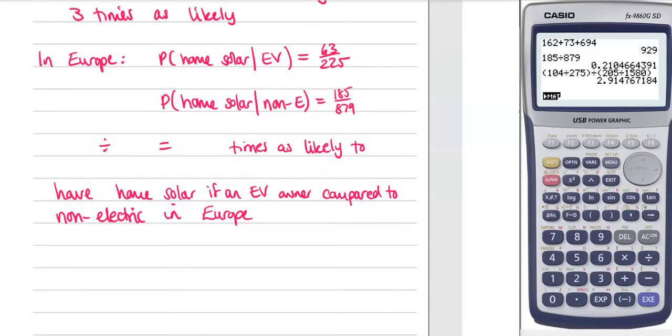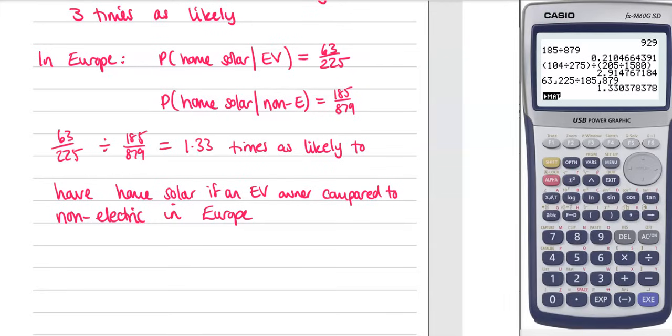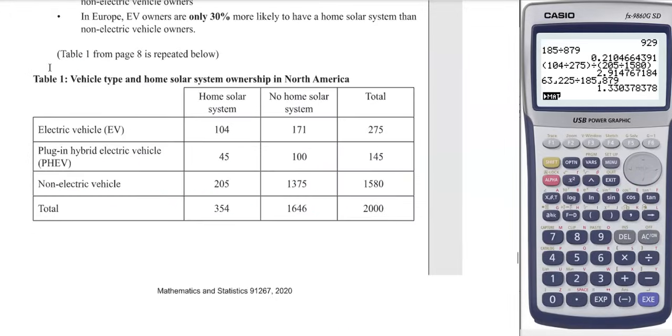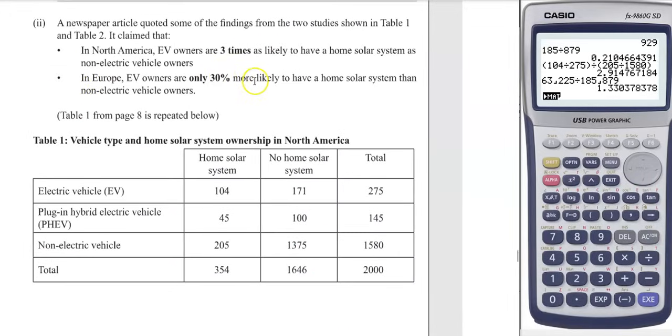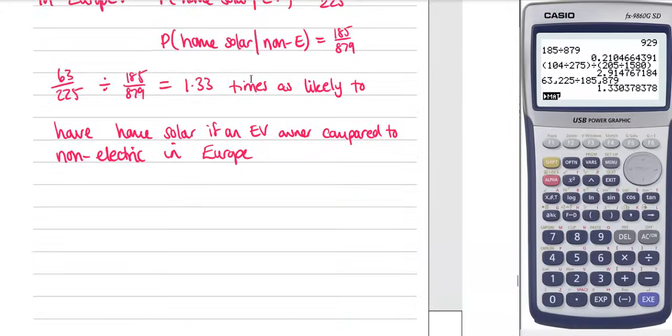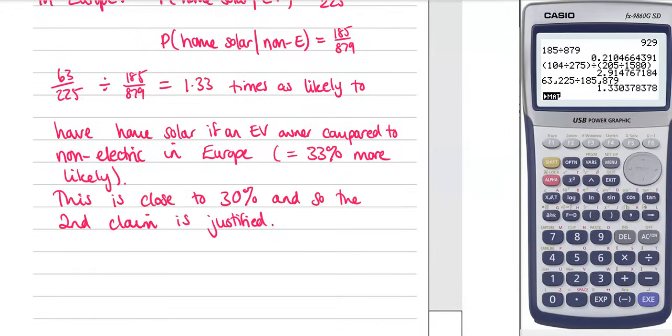And we'll do our comparison. And we get 1.33 times as likely. Now let's take a look at the claim that was made for Europe again. So 30% more likely. Well, 1.33 is 33% more likely, so that again is quite close. So I'm going to make the call that both of those claims were justified.